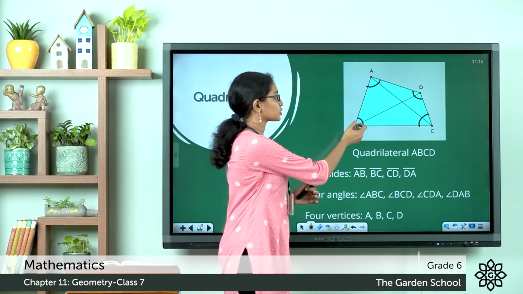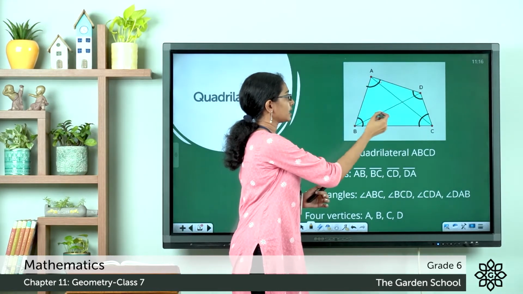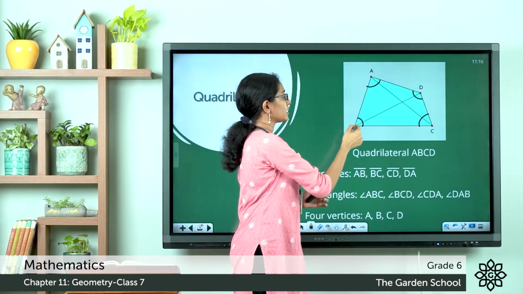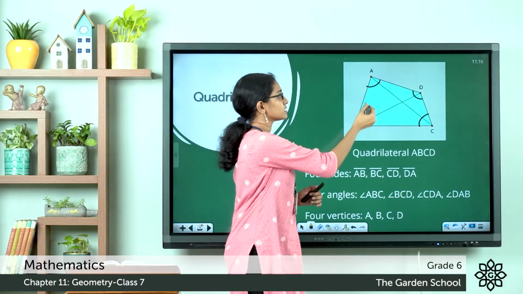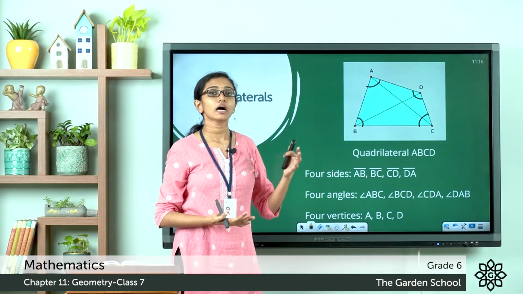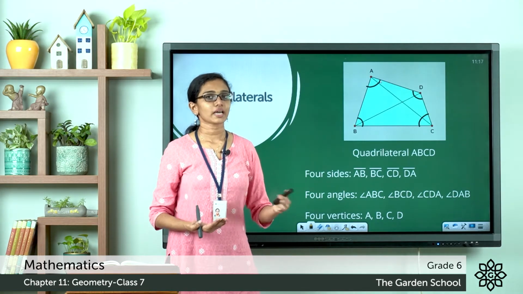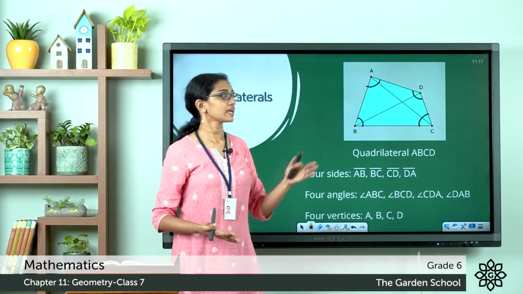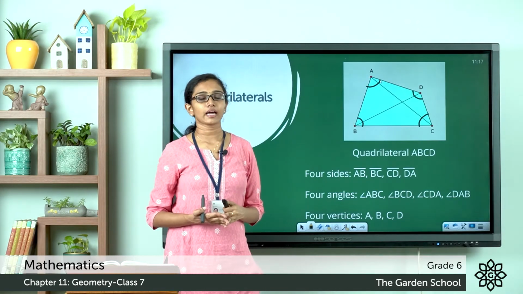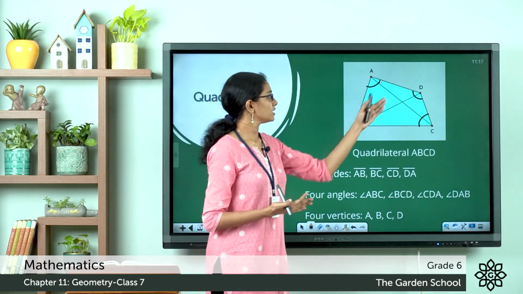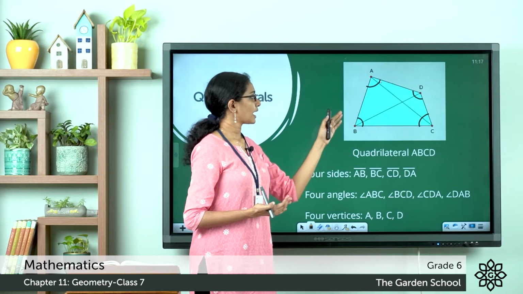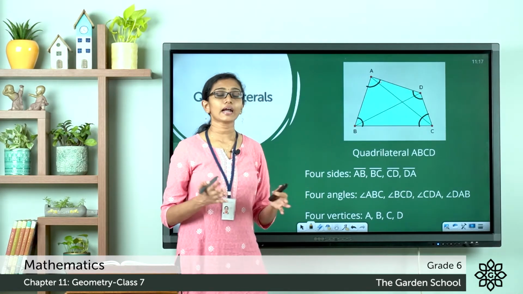Now see these two angles, angle ABC and angle DAB. These two angles have a common arm or a common side, which is side AB. So when two angles share a side or an arm, we say those two angles are adjacent angles. So angle DAB and angle ABC are adjacent angles.